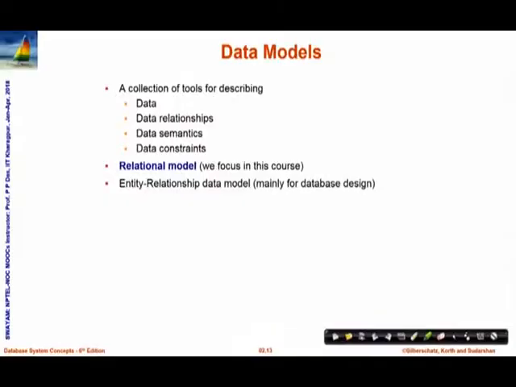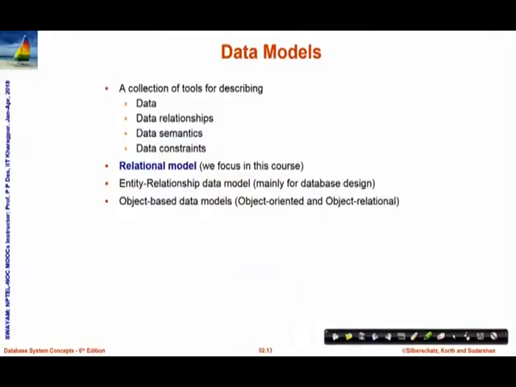So, we will talk briefly about the ER model and show you how to do modeling of the real world in terms of ER diagrams. But they are not actually models which the database systems directly use; they are subsequently converted to a relational or other model, which the database systems will use.